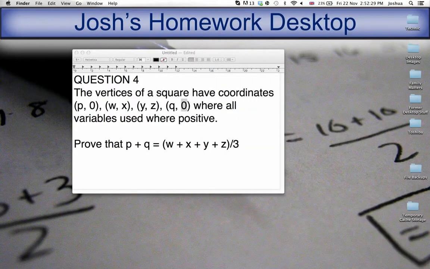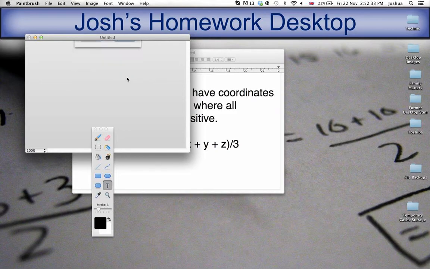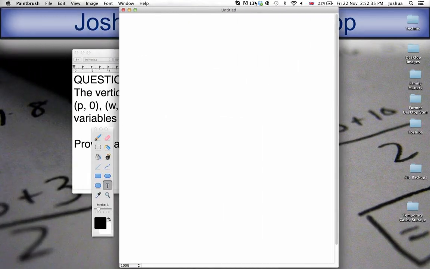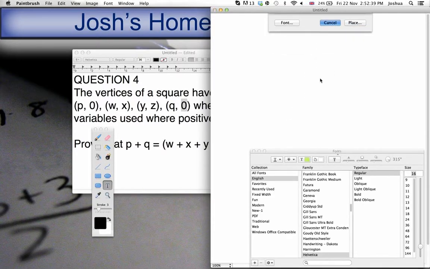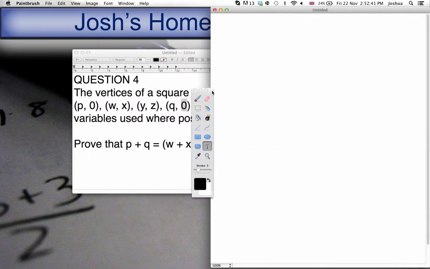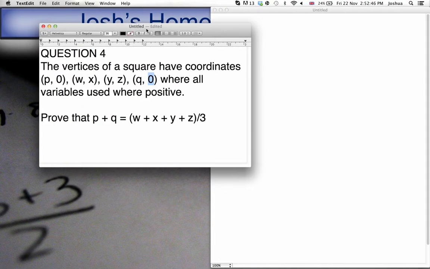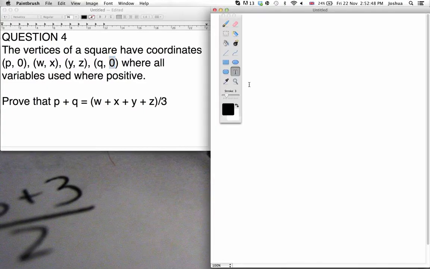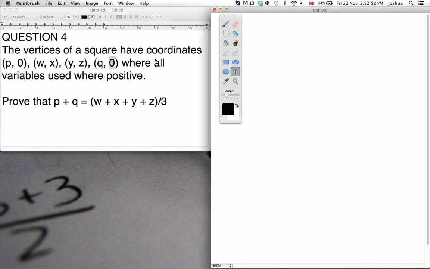Whoops. Let's try that again. Paintbrush. That was a good size, wasn't it? Okay. Good. Cancel. I don't want that. Okay, let's drag that along so it's in the correct zone. And I like organizing my desktop, guys. That's good. Okay. The vertices of a square have these coordinates.